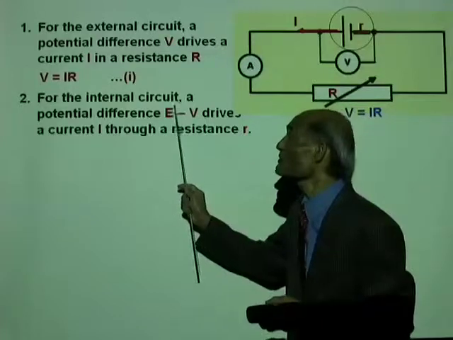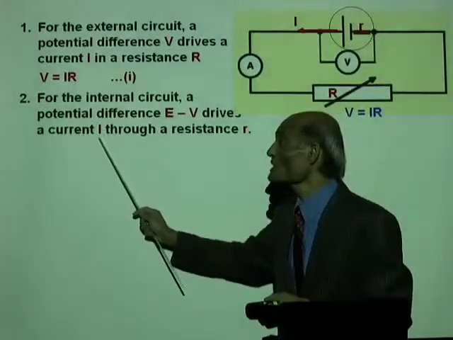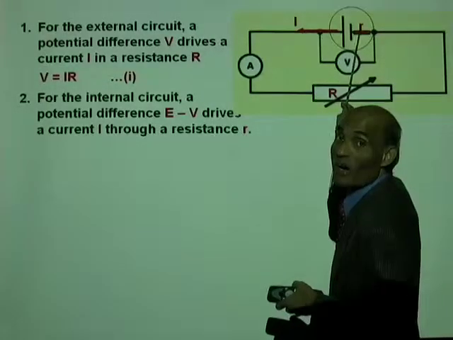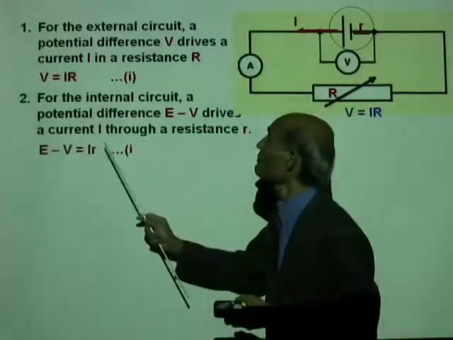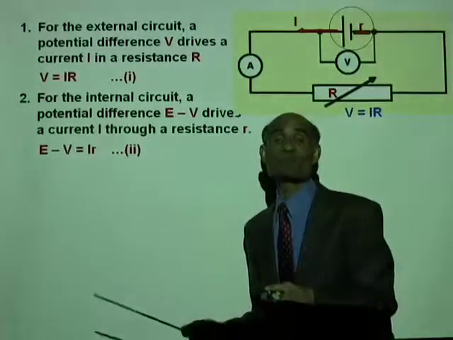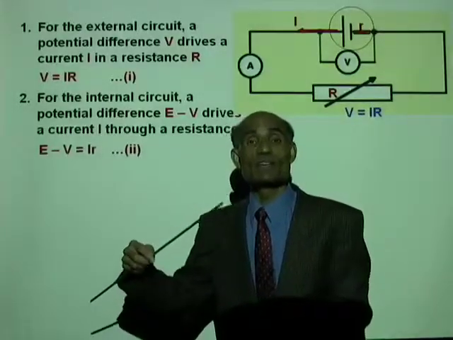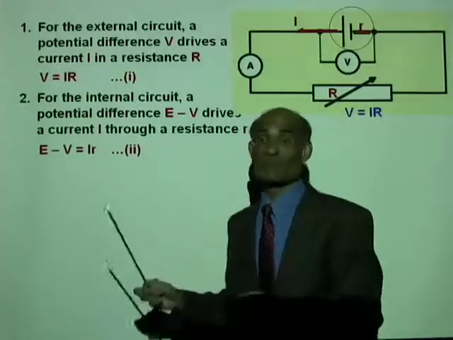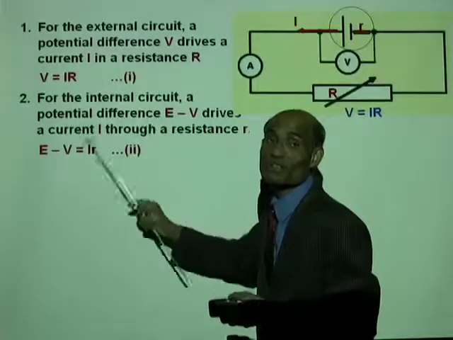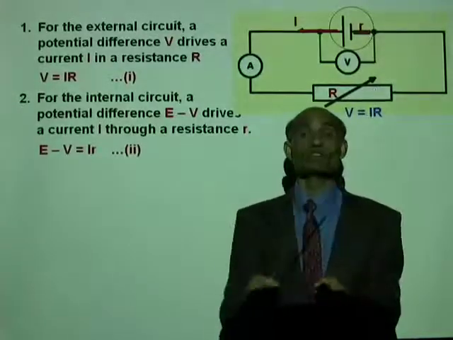A potential difference E minus V drives a current I through the internal resistance r. Therefore, we have E minus V equal to I times small r, and that is the equation for the internal circuit. So this is the equation for the external circuit. This is the equation for the internal circuit.